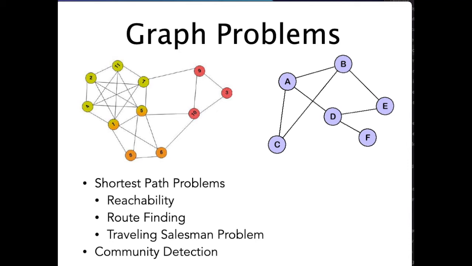There is a group of graph problems dealing with getting the shortest path. It could be as simple as a decision problem, checking if a node A is reachable from B, or identifying a shortest route or path from A to B, or the classic problem called the traveling salesman problem, where we look for a shortest tour from a given graph. And then another example is the community detection problem, where we look for a subset of highly connected vertices.